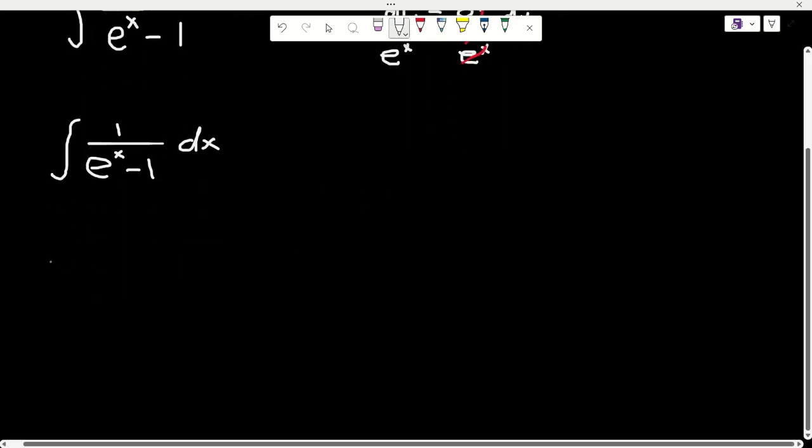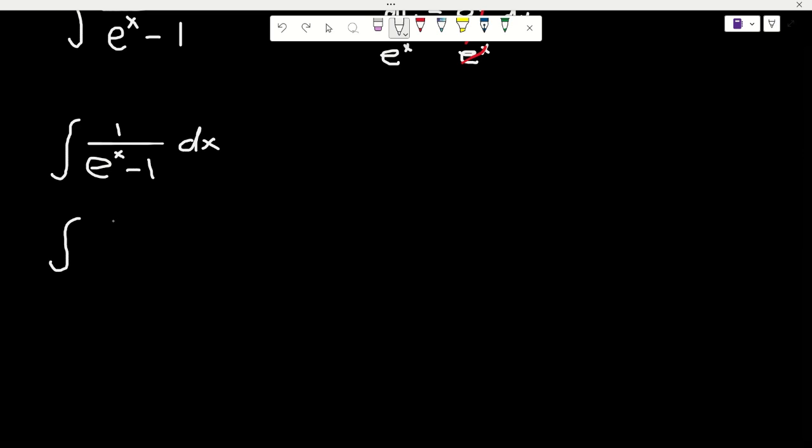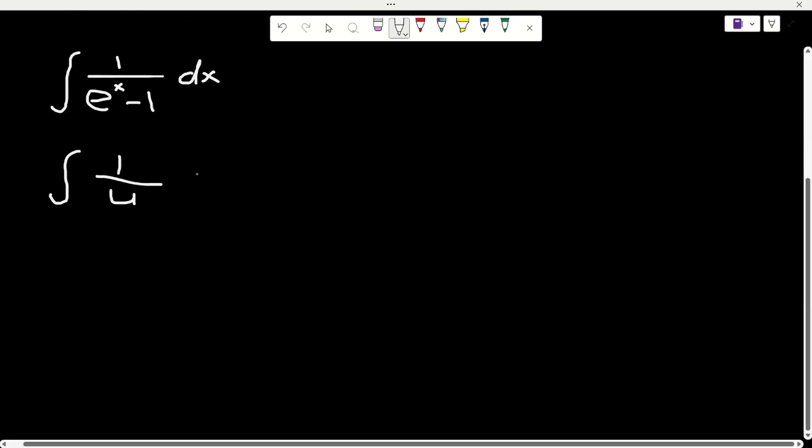So as you can see, if you plug in the values that we get from the u substitution, we will have 1 over u, and then dx is equal to du over e^x, so times du over e^x.